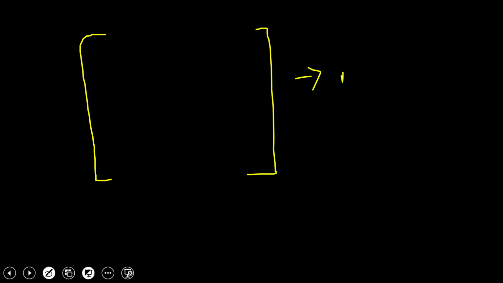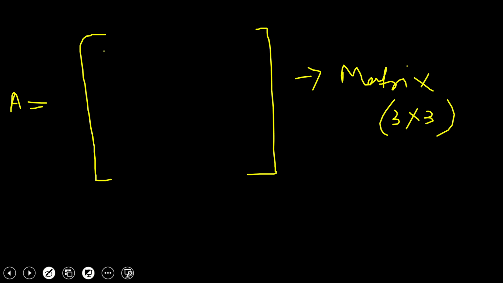This is called a matrix and it is denoted with a capital letter A. If you consider a 3 by 3 matrix, it means 3 rows and 3 columns. Don't worry about it, class 8, 9, 10 students, you just listen to what I am saying.